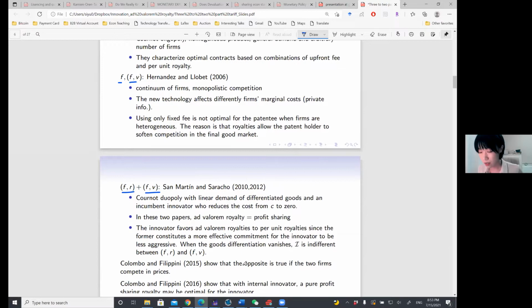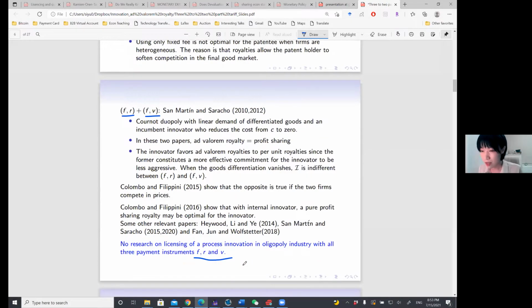There was one studying all 3, but that applies to a new product innovation, and the downstream industry is a monopoly. So here we consider the strategic interactions in the downstream industry, which is Cournot oligopoly, and also consider all 3. So this is mainly our contribution to this field.